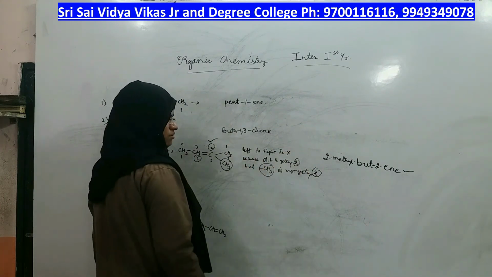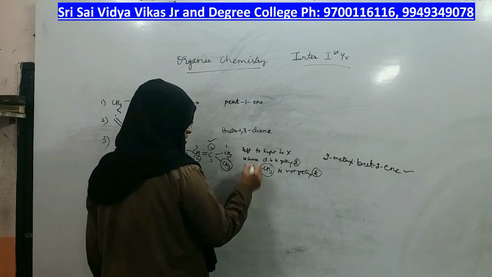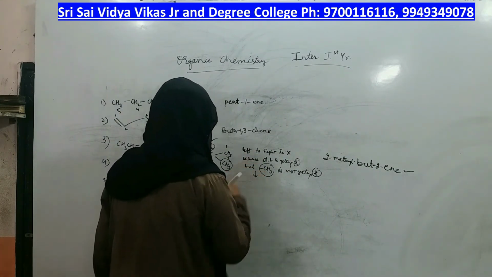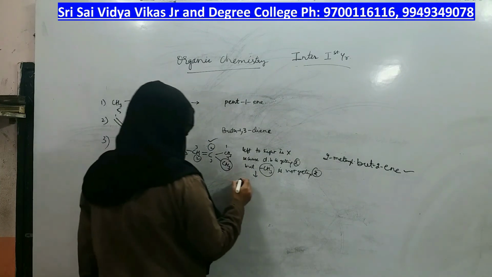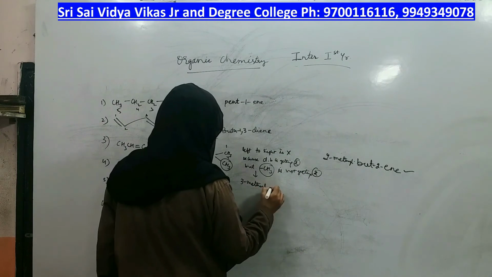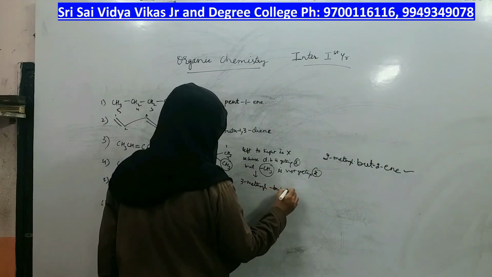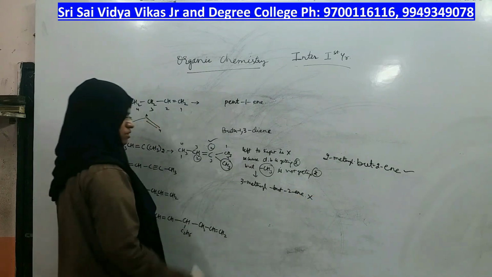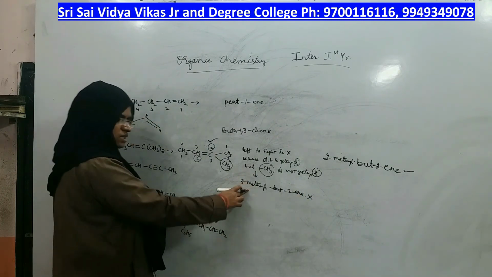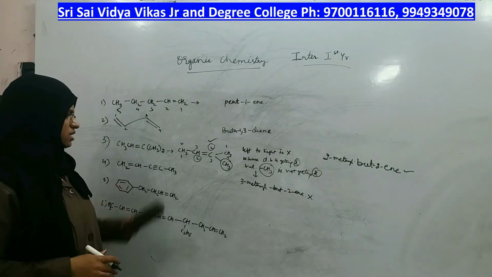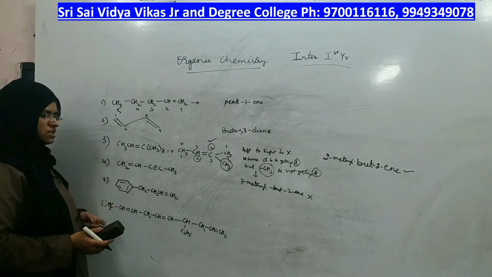But if I follow the wrong numbering, what will be my name? You will get 3-methylbutene, which is wrong, because the methyl group should also get the least number, and the double bond should also get the least number. That numbering is correct. Shall we go to the next example?